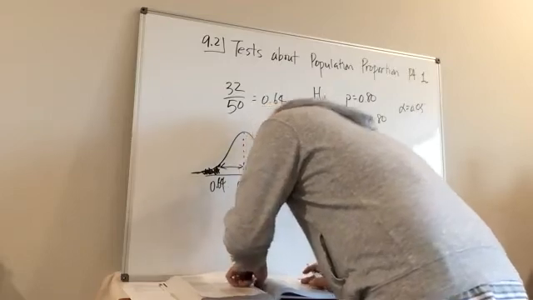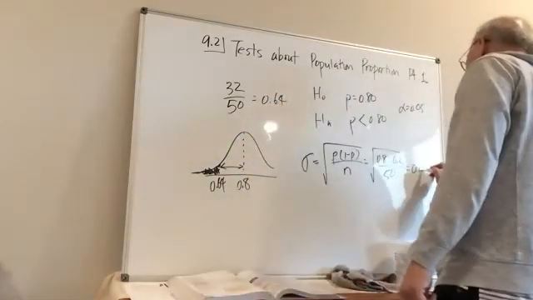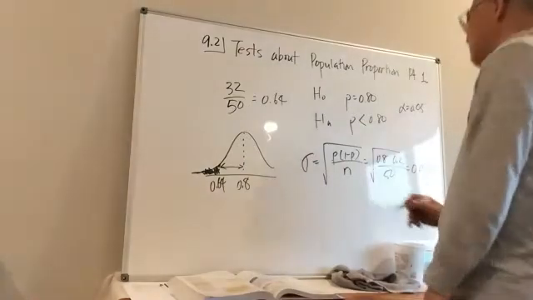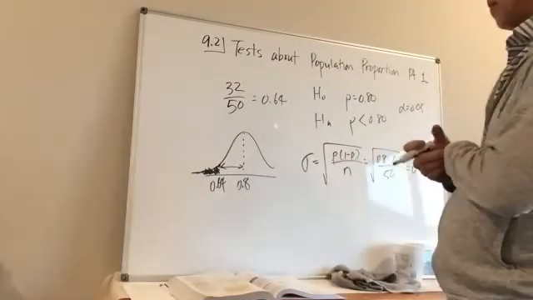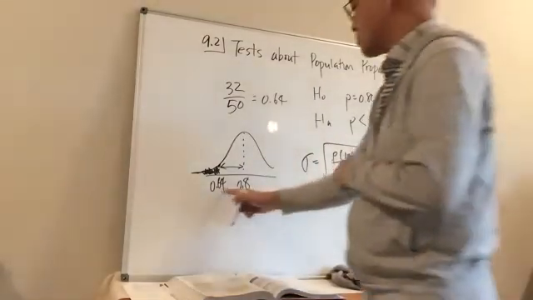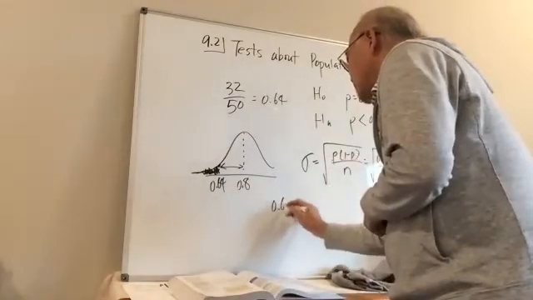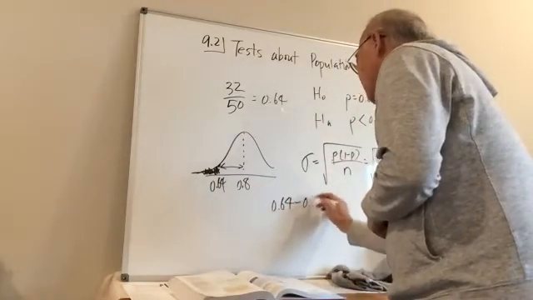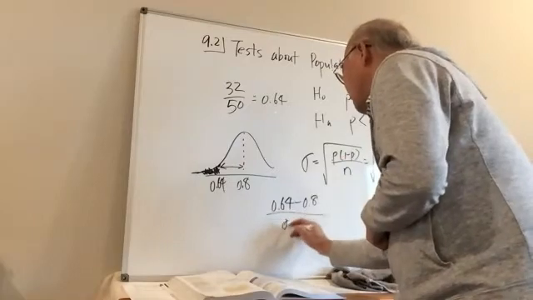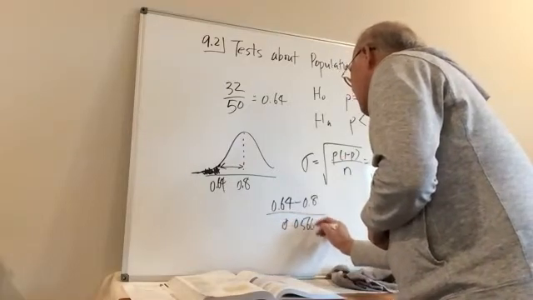I get 0.0566. So that's my sigma. Okay, so how many sigmas is this away? Nothing more than a z-score, right? Divided by 0.0566.